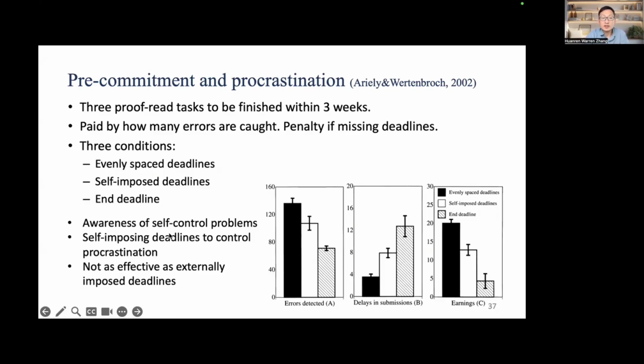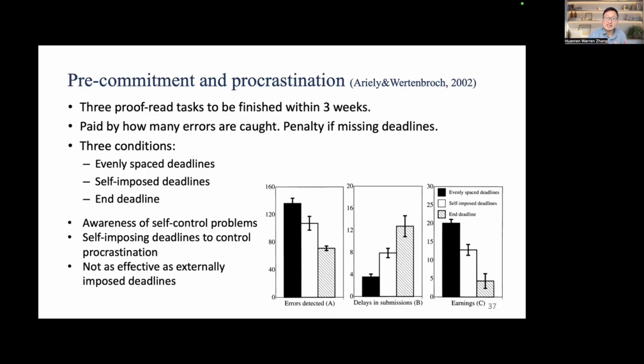So why do we claim that people are aware of the self-control problem? Because with the self-imposed deadline, you can decide to postpone the deadline towards the very end of the 3 weeks, which again gives you the most flexibility.